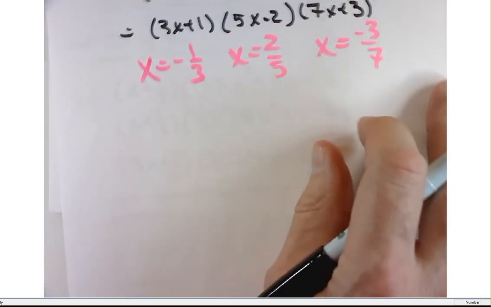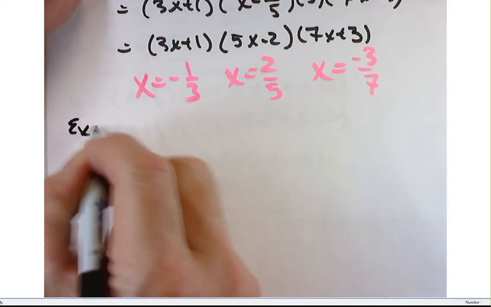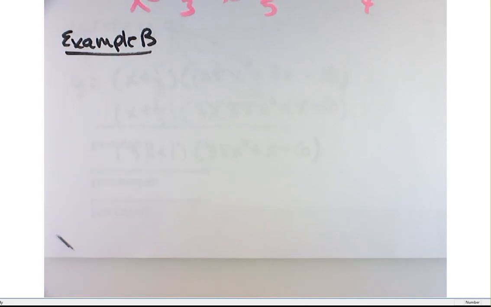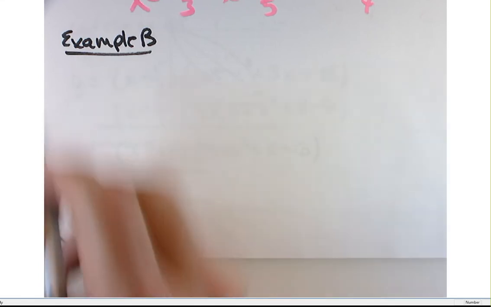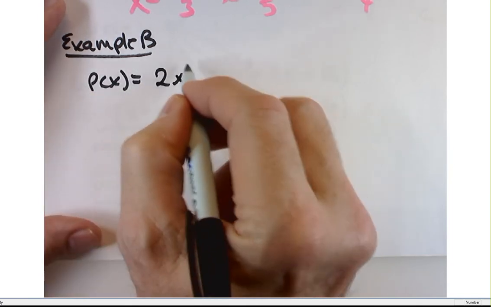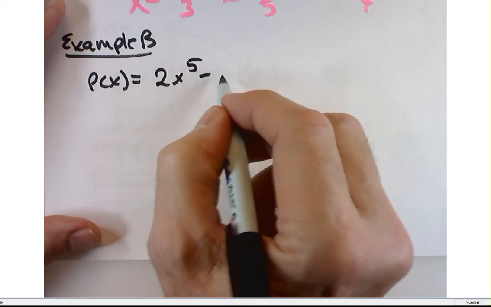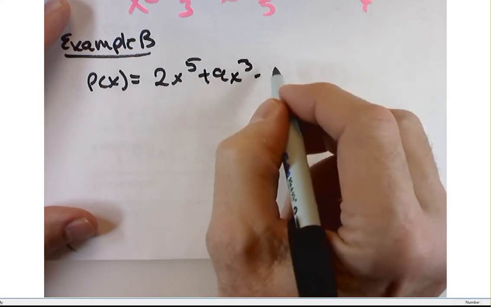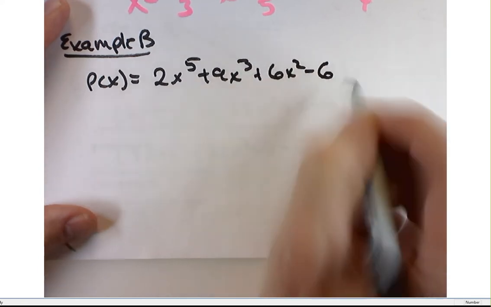All right, let's try some more here. So let's work with example B. We're not going to go as deep in example B as we did with example A. So we've got p of x equals 2x to the 5th plus 9x cubed plus 6x squared minus 6.